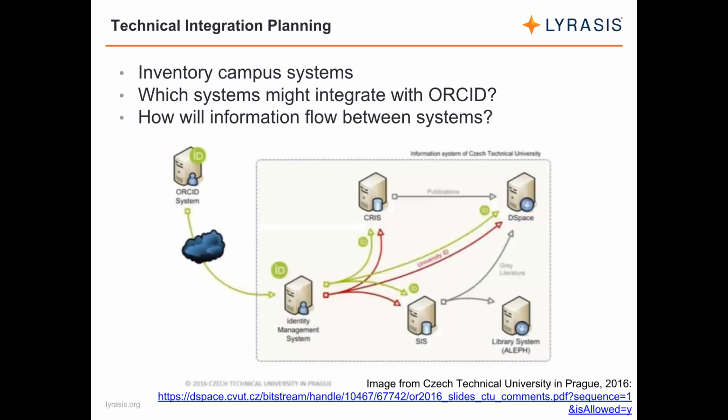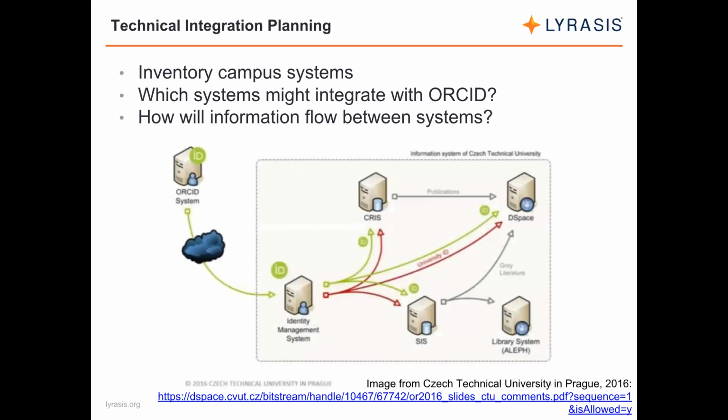On the other hand, it's also beneficial to think about how information could flow between systems to create an elegant and efficient infrastructure to suit various needs across the institution. This graphic is from the Czech Technical University in Prague, and it shows the possibility of connecting one system directly with the ORCID registry, in this case, the Central ID Management System, and then connecting other systems with each other to leverage ORCID with information flowing between systems.